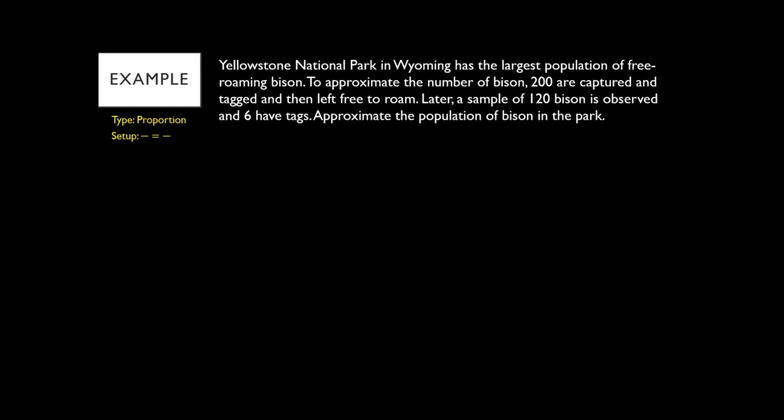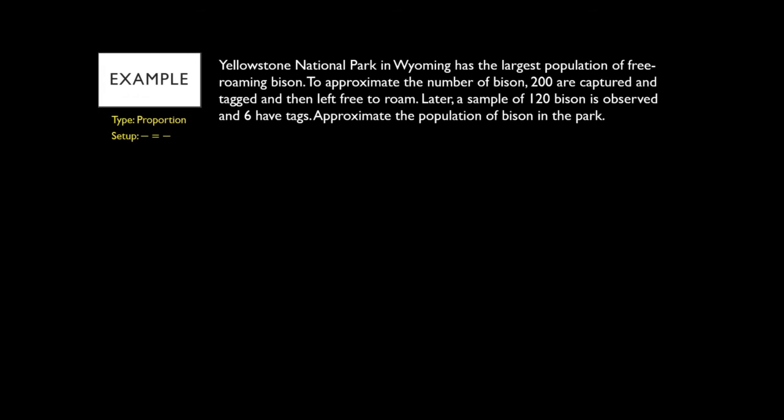And you make the assumption that the proportion of tagged in your sample is going to be the same proportion out of the total population. So this is a very common thing that actually does happen in environmental biology fields, anything where you're dealing with wildlife and you're trying to estimate how many you have.